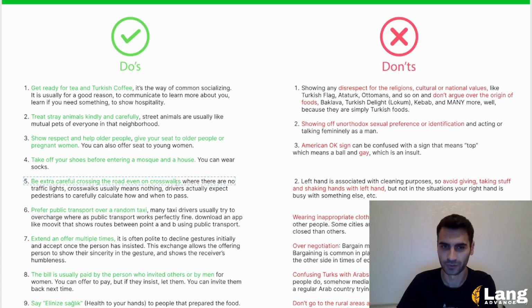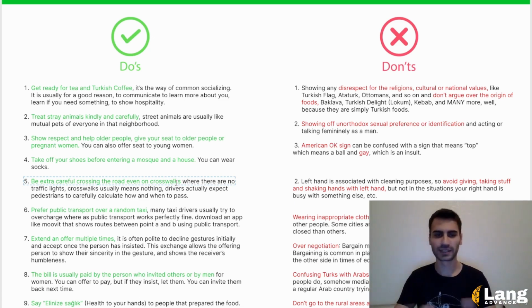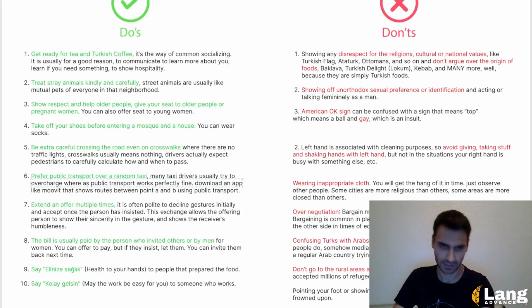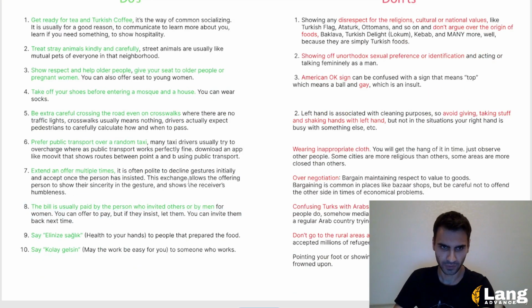Be extra careful about crossing the road, even on crosswalks. Yep. Because drivers actually expect pedestrians to carefully calculate how and when to pass. And the rest of the do's you can just read.